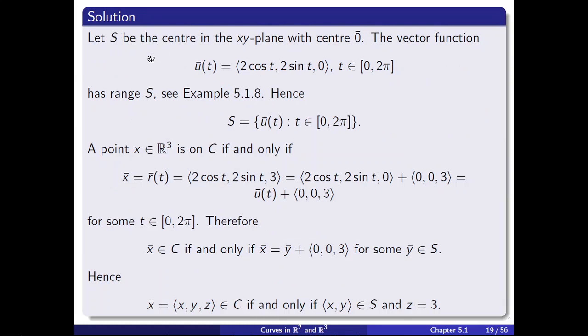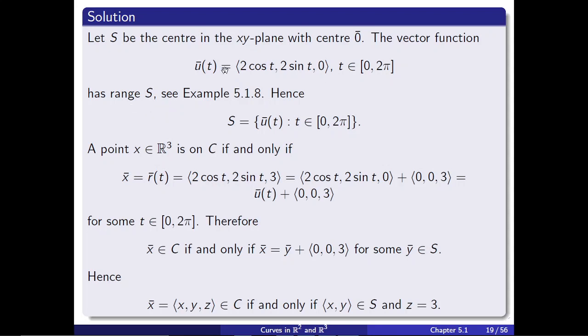So let S be the circle in the xy plane with center 0. If we ignore the z component, we can create a new function u of t, which is (2 cos t, 2 sin t, 0). That tells us that the circle we are talking about is in the xy plane.